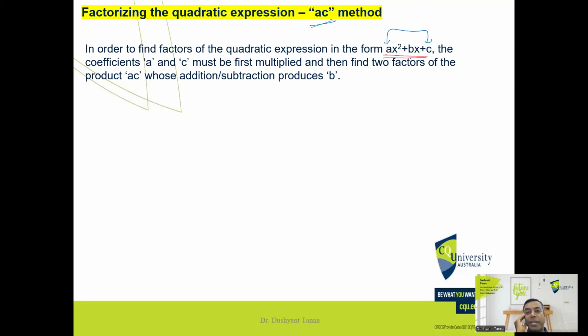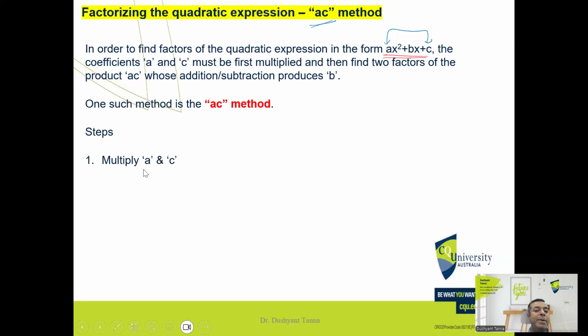I'm not sure how many other literature will call it AC method. I call it AC method. Where the coefficients a and the constant c must be first multiplied and then two factors of the product whose addition or subtraction produce b. One of such method is called AC method.